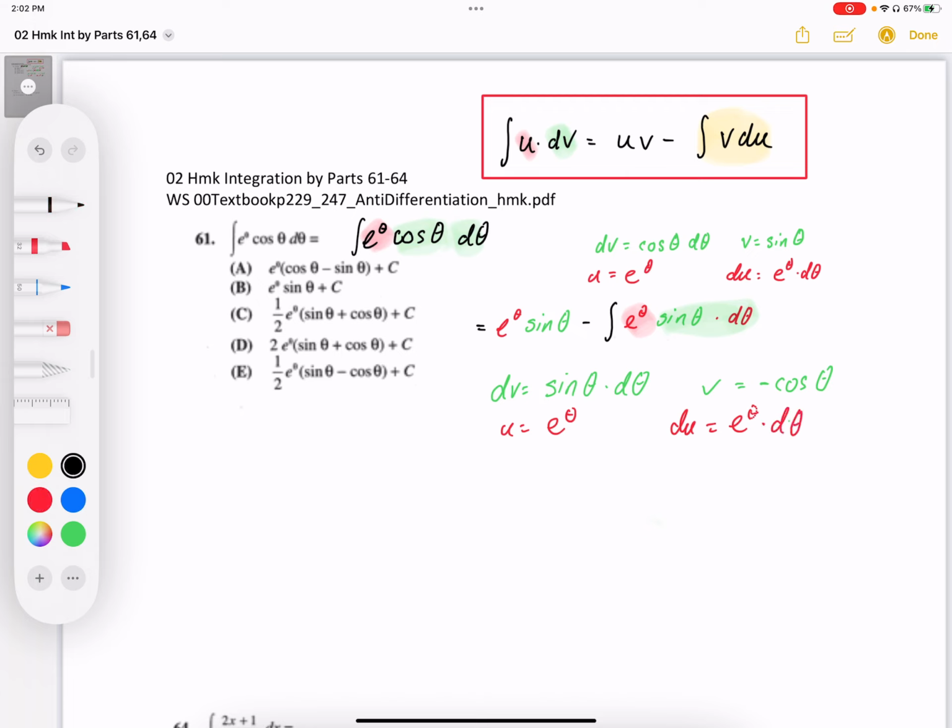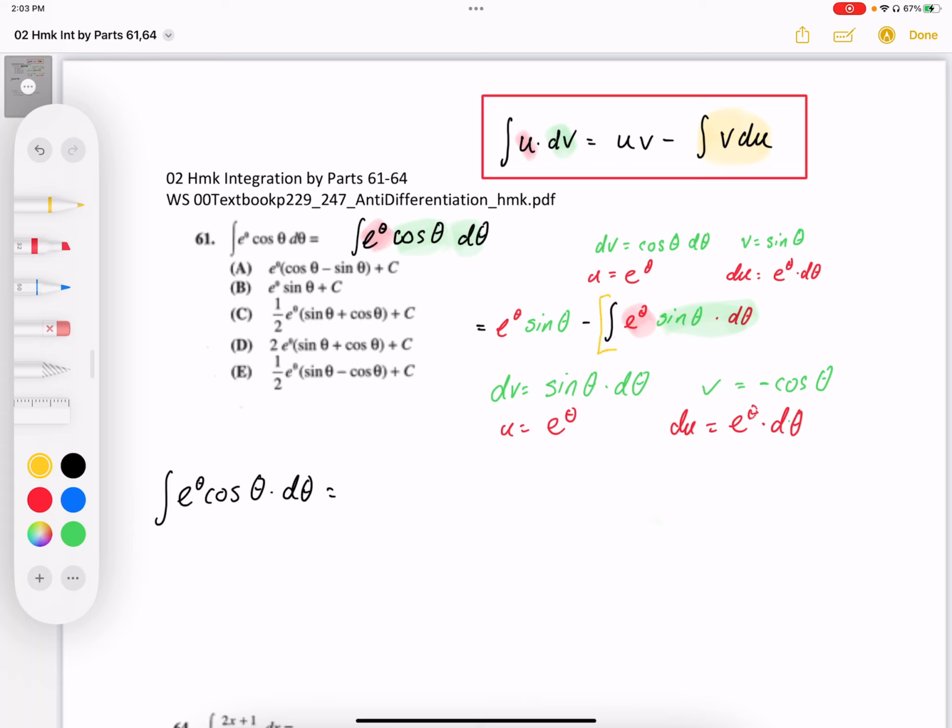Okay, so I have all my parts now, and so I'm going to end up with my original integral e^θ cos θ dθ, and that's going to be equal to uv. I need to make sure I have my original part, so I'm maybe just going to box this in.